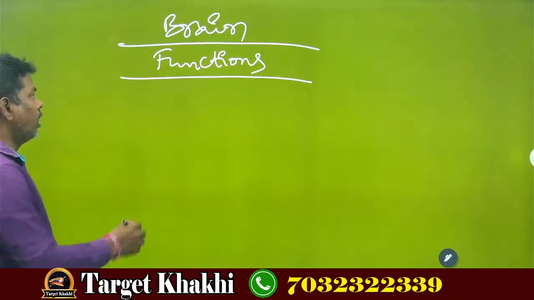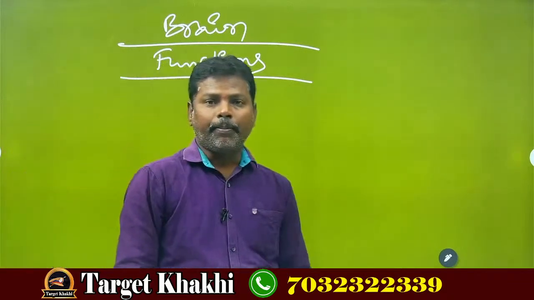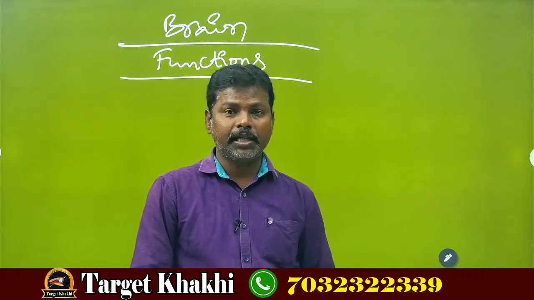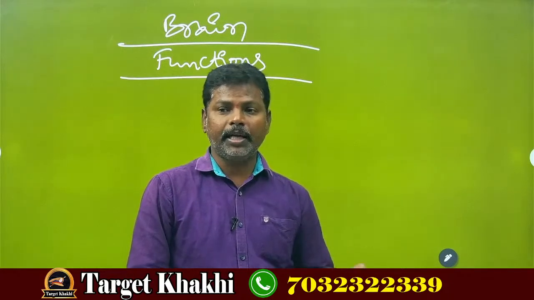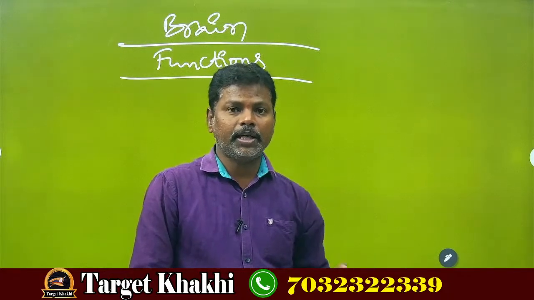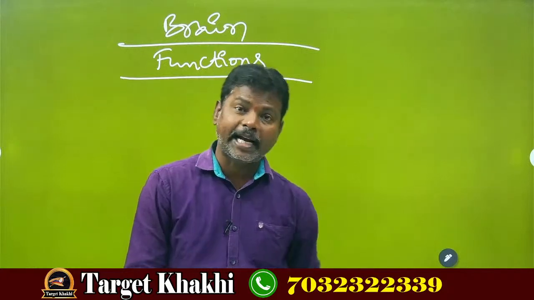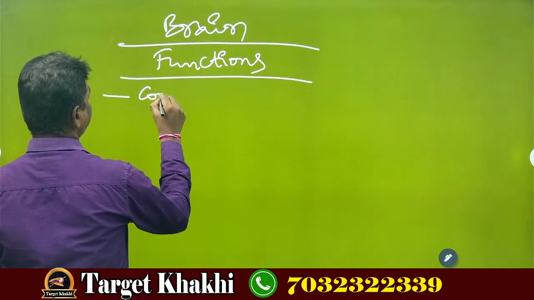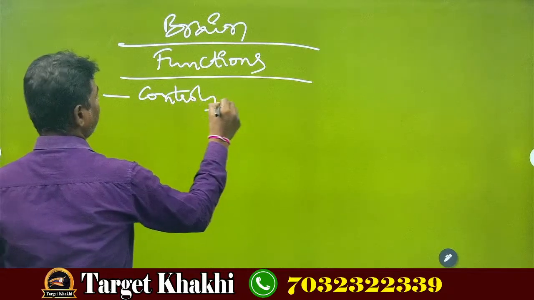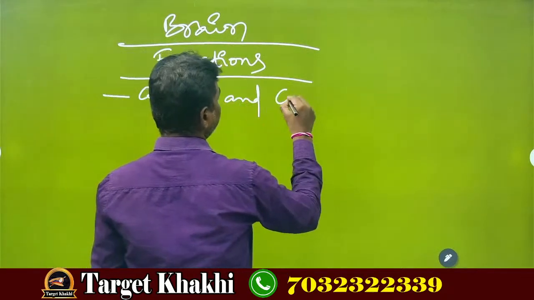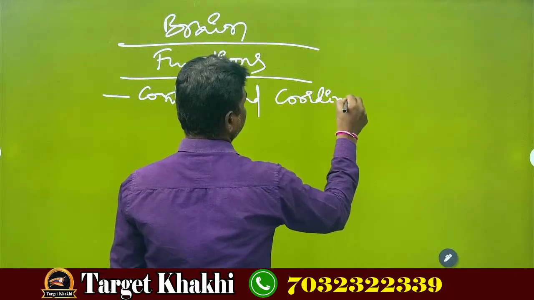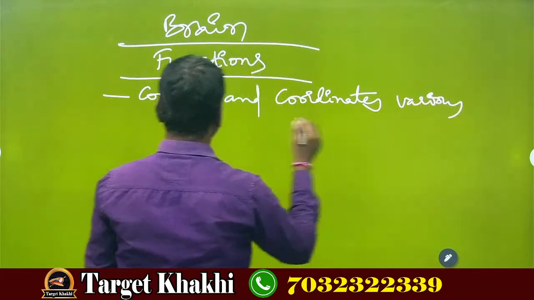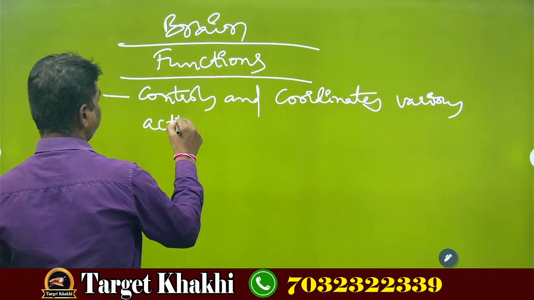Brain functions. I already told you, the brain is nothing but the control room of the body, same like the nucleus in the cell. It coordinates various activities in our body. It controls and coordinates various activities in our body.